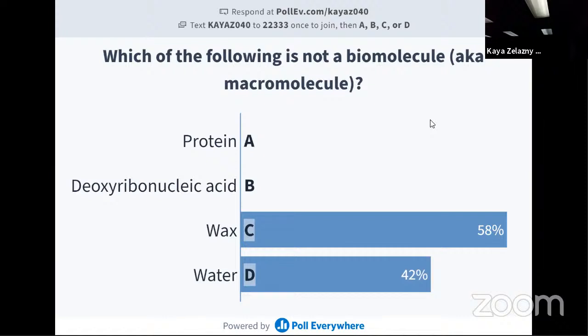But wax is technically a lipid. The molecule that is not a biomolecule is water. Water is what we're interested in interacting with our biomolecules, but water isn't a carb, a lipid, a protein, or a nucleic acid. Water is just H2O. It doesn't have any of the characteristics of these big classes of macromolecules. So it's important for our cells, but not a biomolecule.